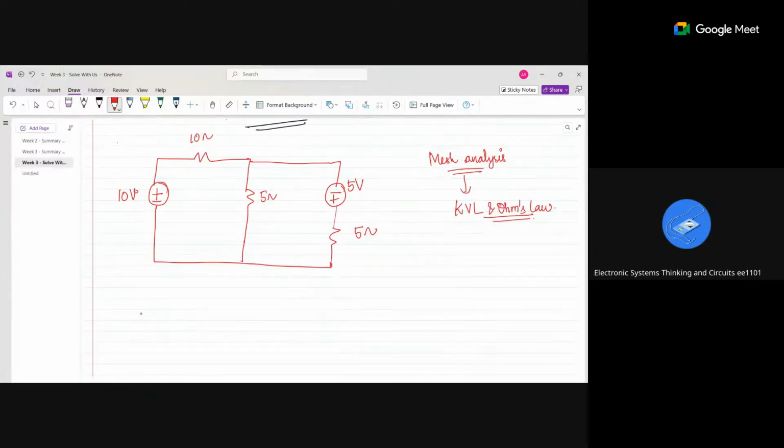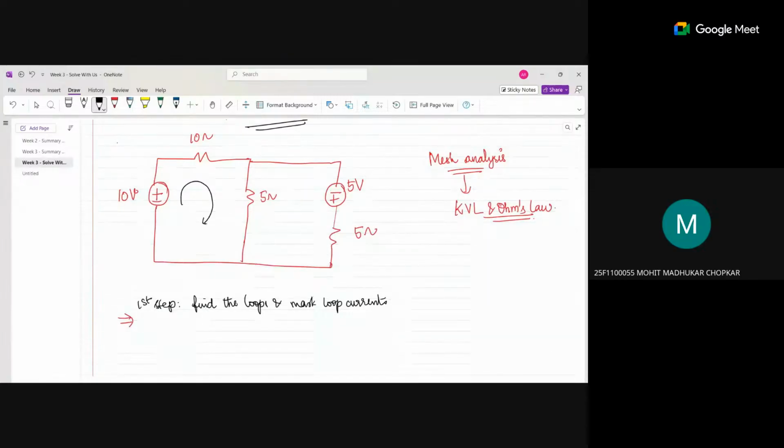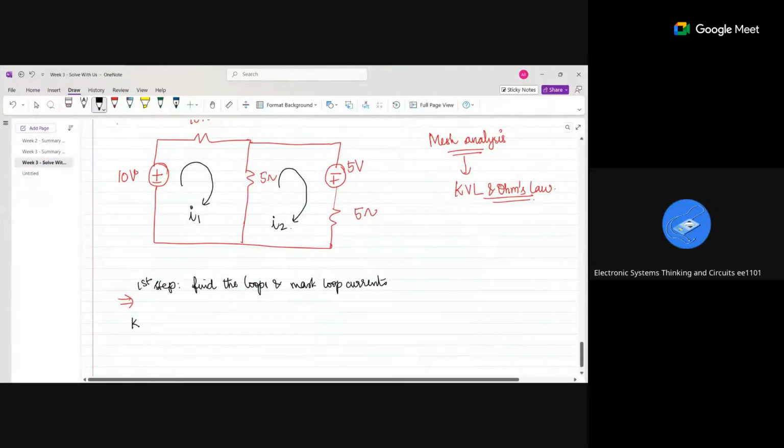Once you go for mesh analysis, the first step is to find the number of loops and mark the loop currents. Here there are 2 loops, I1 and I2. Then what does KVL say?